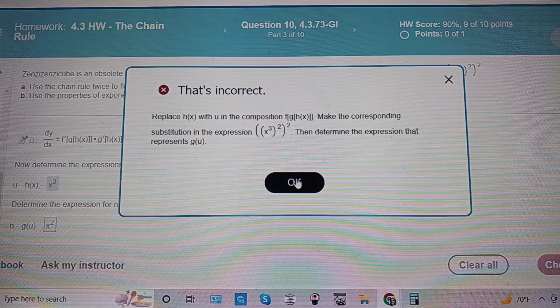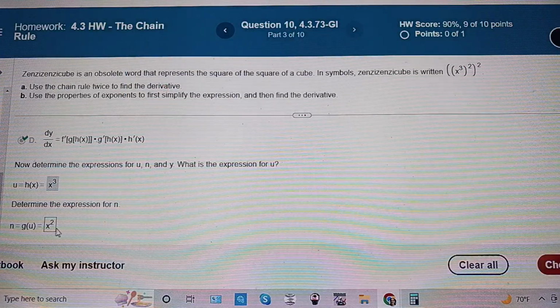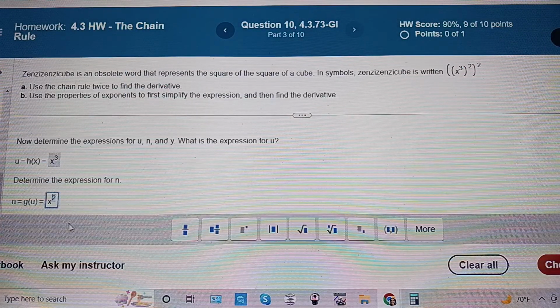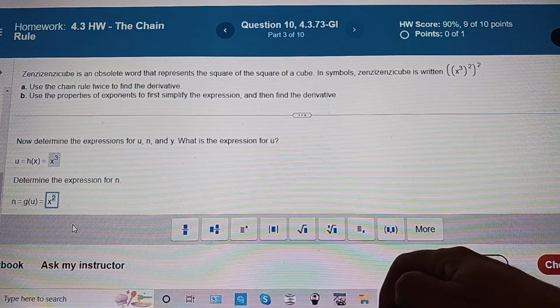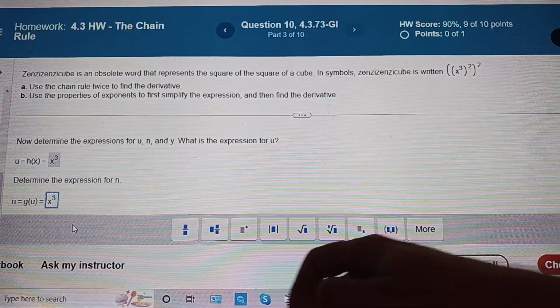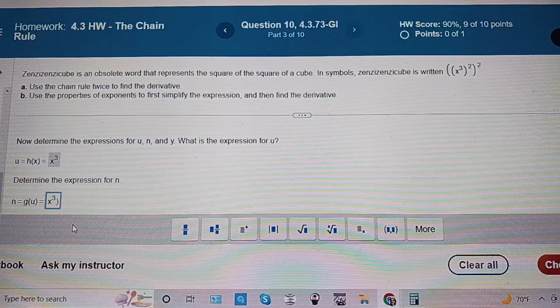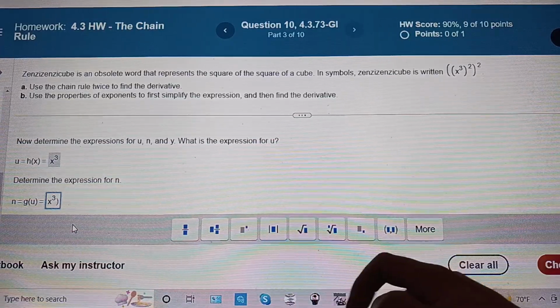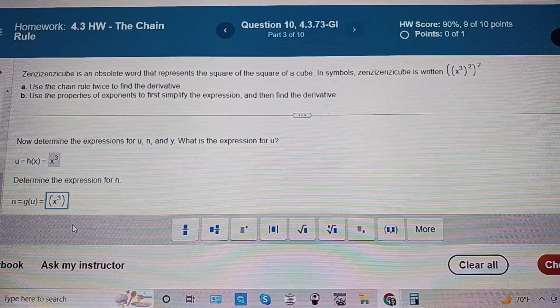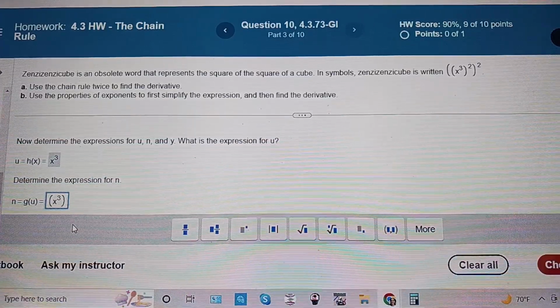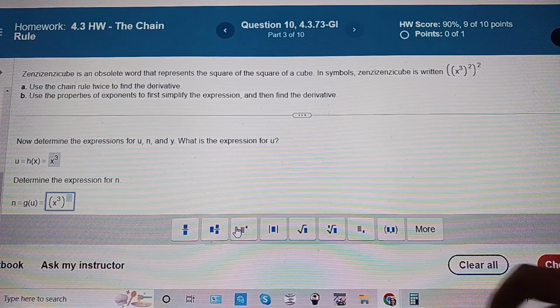Whoops. Okay, so do they want it that way? Okay, I was thinking that we would take this and just put it in for that x, but maybe they want it written the way it looks. So let's do x to the third. I guess they're plugging it in already. They're plugging in the x to the third for that spot, and then that gets squared.